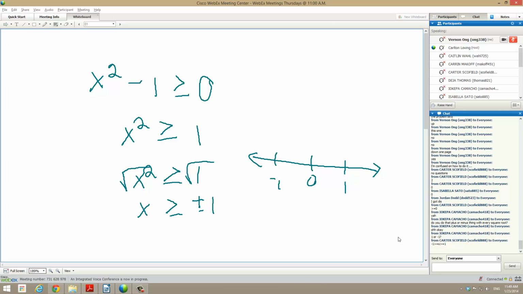Yeah, see, Carter's writing it out for us. He's saying, well, x really should be bigger than or equal to 1 and less than or equal to negative 1? Is that what you're saying?